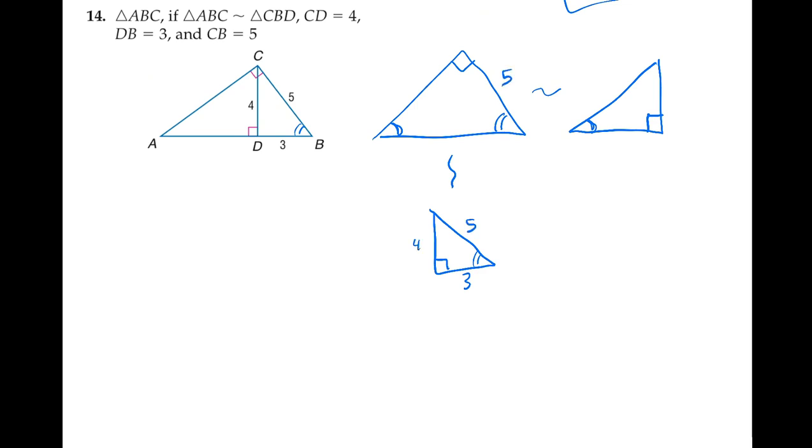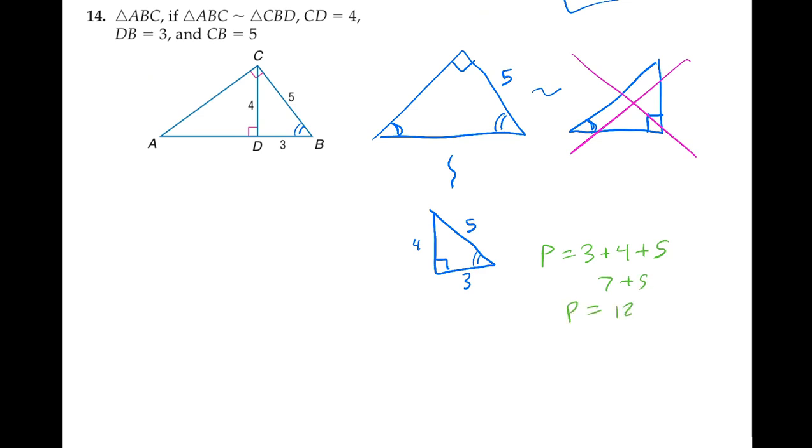And so here we have 5, and that's all we've got right there. And so we want to find the perimeter of the big triangle. Now in this case we don't care about this version of the triangle, or this one over here. We just know that in the small triangle, the perimeter was 3 plus 4 plus 5, so 7 plus 5 is 12.